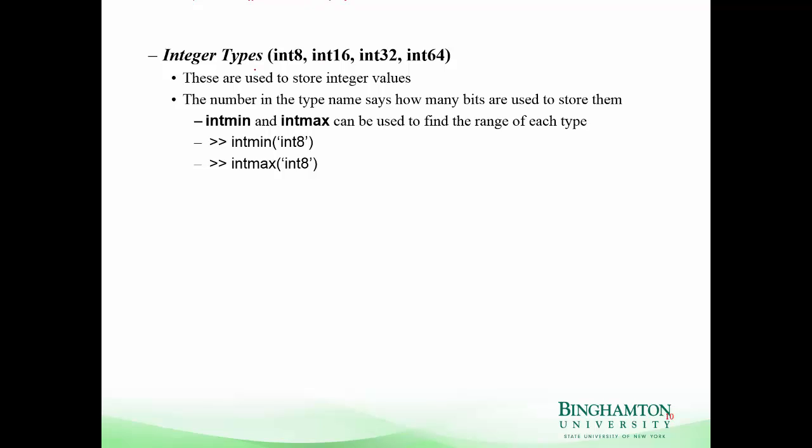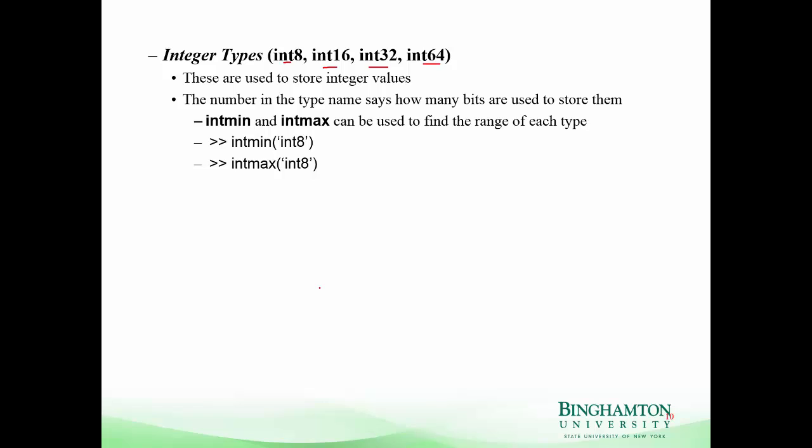There are 4 different integer types: int8, int16, int32, and int64. The number in these names has to do with the number of bits used to represent the integers. So we're talking about 8-bit integers, 16-bit integers, and so on.